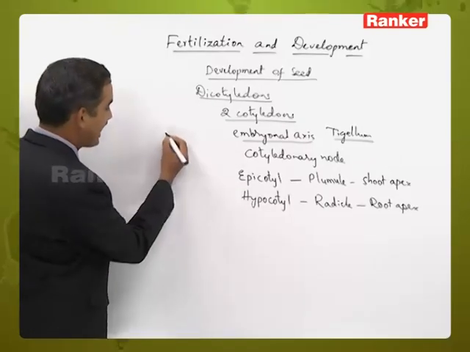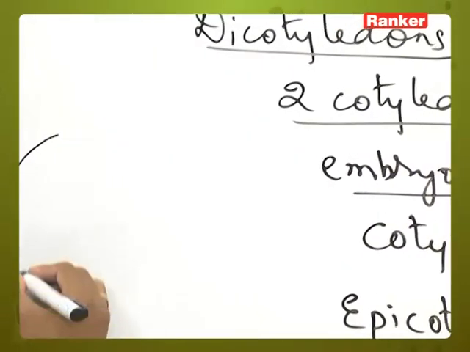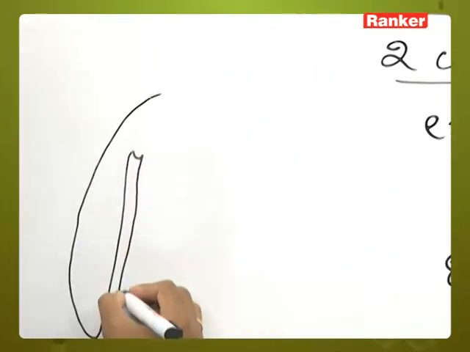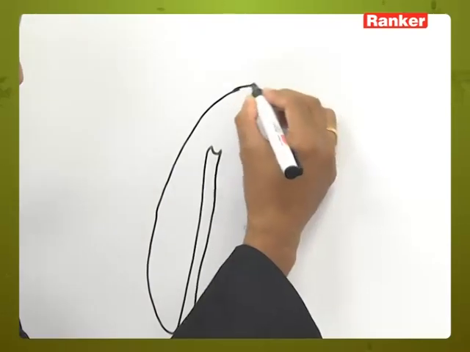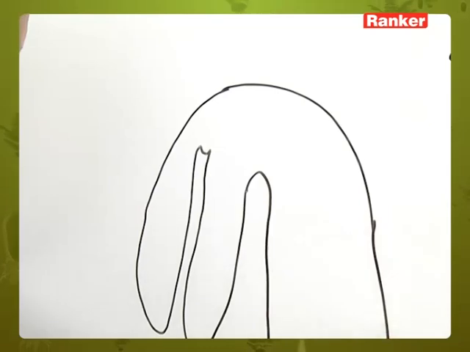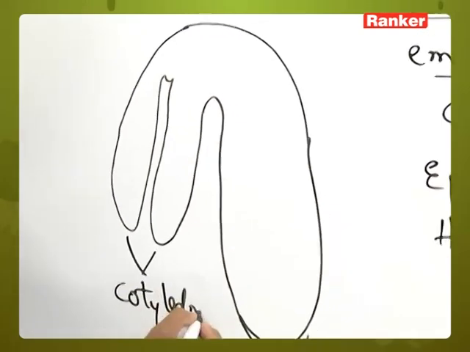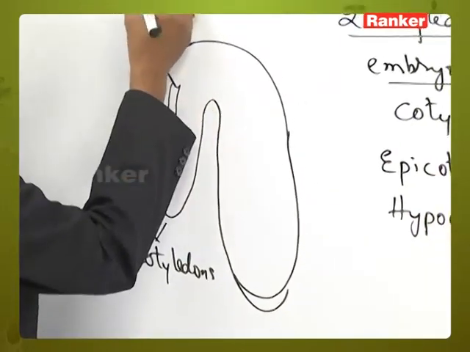In this, if you see the diagram of this dicotyledonous seed, the two cotyledons are fleshy, so these are the two cotyledons. This is a plumule.